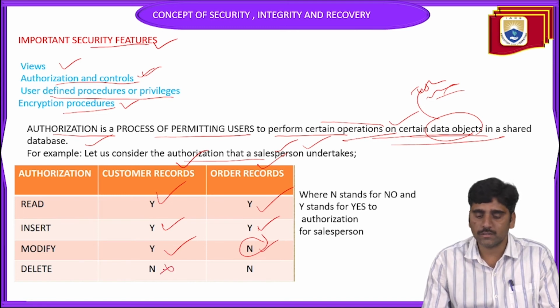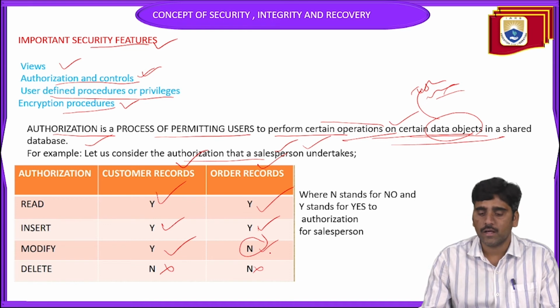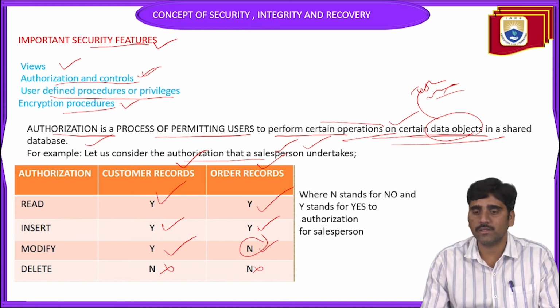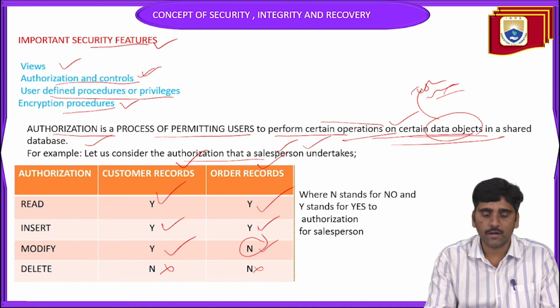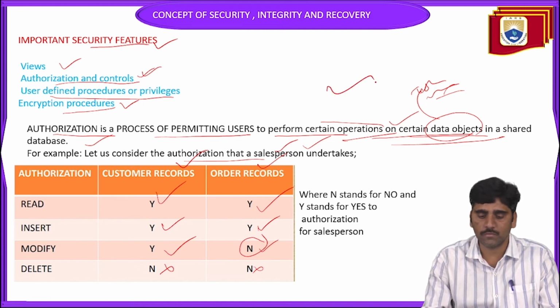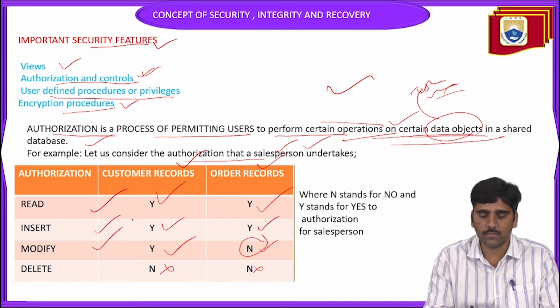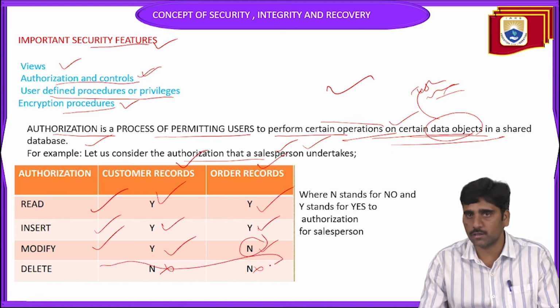No. Can the salesperson delete the order records? No. So from this table, the salesperson has some permissions to read, insert and modify, and cannot delete customer records and order records.